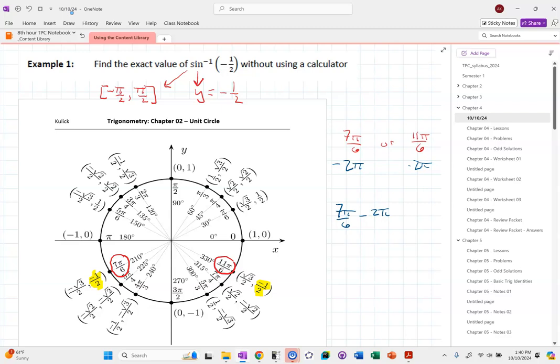Well, let's say do it by hand. If I want to do it by hand, what would I have to do? Great, I need to make a common denominator, so I'm going to think about 2 pi as 2 over 1. What would the common denominator be between 7 pi over 6 and 2 pi over 1? 6. So I'll multiply 2 pi over 1 by 6 over 6.